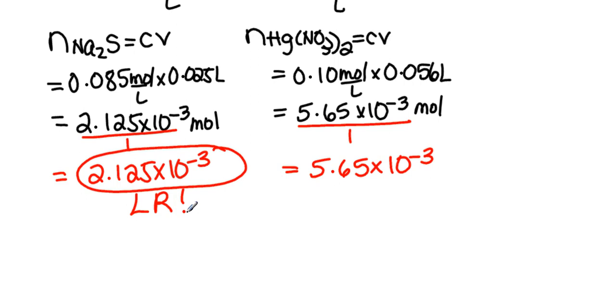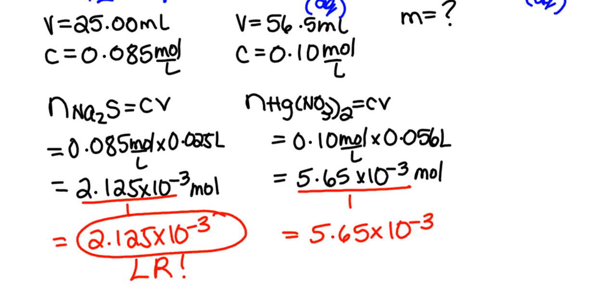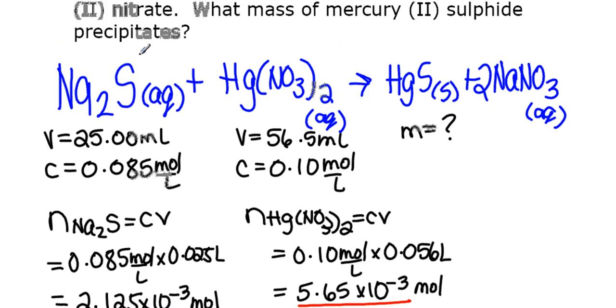So going forward, if I'm going to find the mass of my product, I need to use my limiting reactant, which is sodium sulfide. And then we follow the same 3 steps that we did with the previous question.